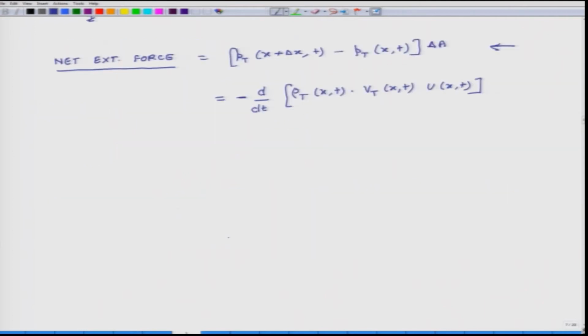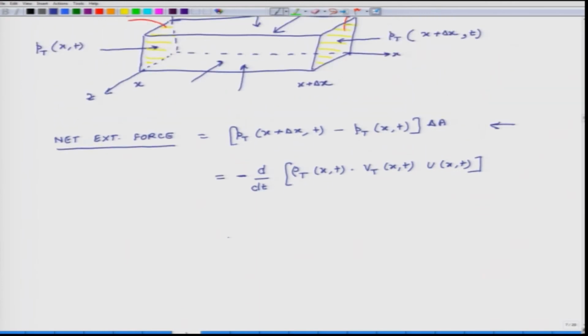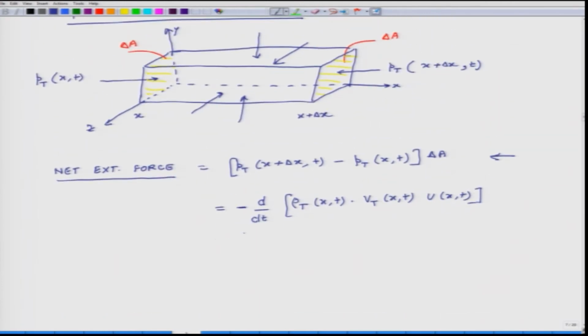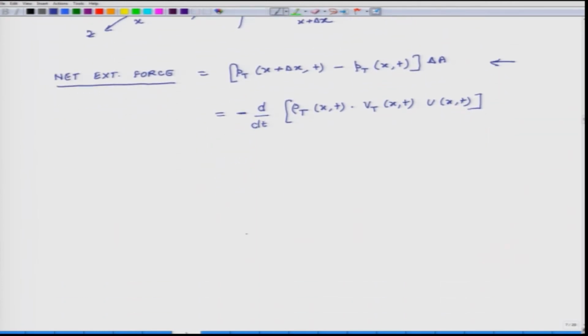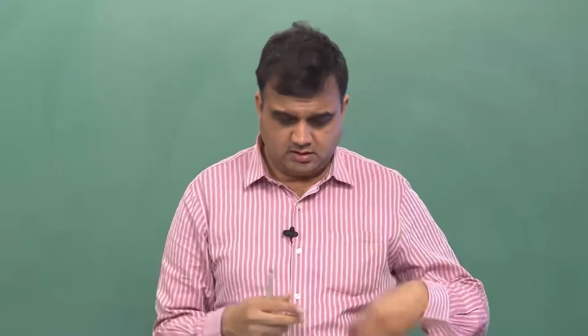Now, remember this is a mass particle, and we said that the mass particle is constant. Think about it as a small balloon, neither is mass leaving nor coming in.